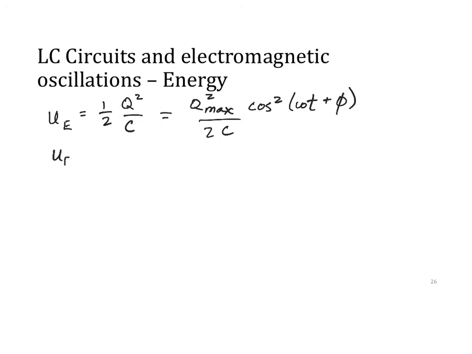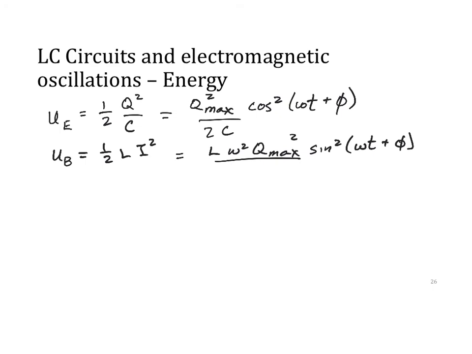At a later time, when we start to build up a magnetic field, any energy in the magnetic field is going to be given by 1/2 times L, so the strength of our inductor, times I squared. So we have, again, an equation for what I should be. So we're going to write that equation in terms of omega Qmax squared, sine squared, and then our argument in the sine squared function is, again, omega t plus phi, and here on the bottom, we've got a 2.